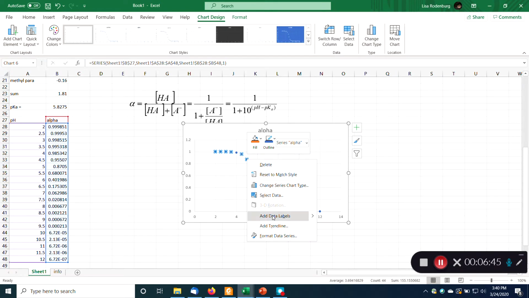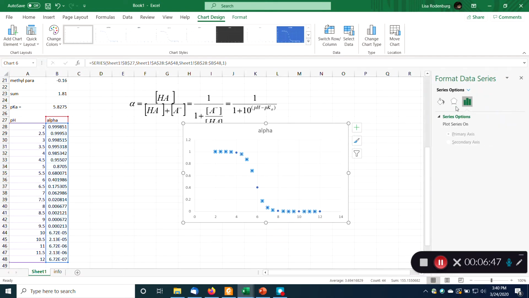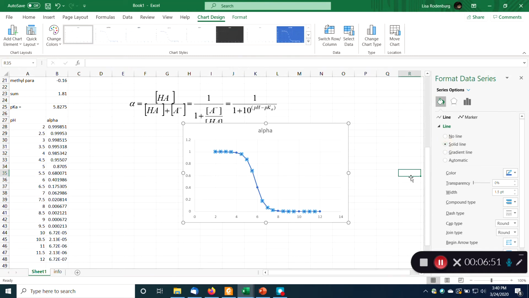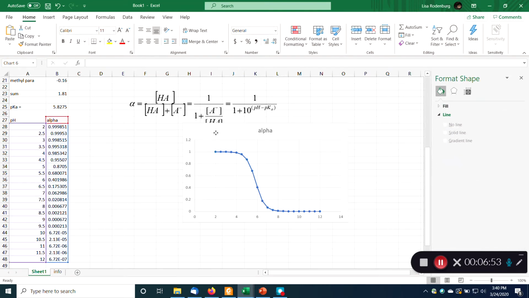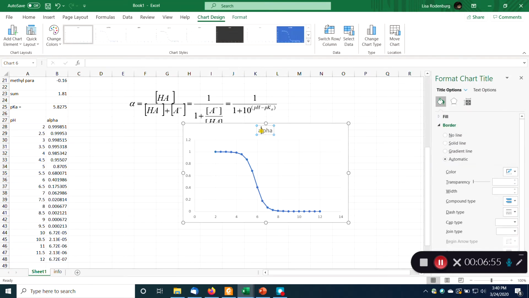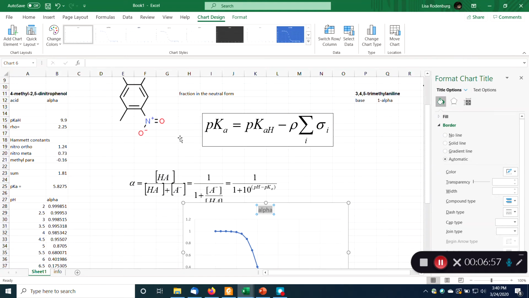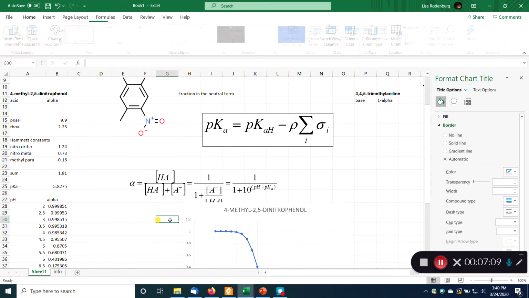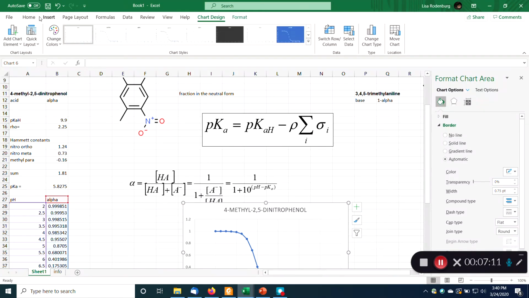If you want, we could format our data series and we could add some lines here, and that would look beautiful. So we want to call this our 4-methyl-2,5-dinitrophenol in all caps, because I have caps lock on.